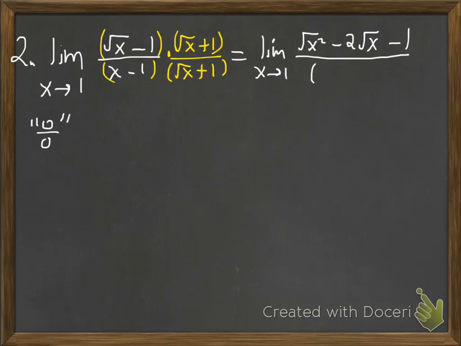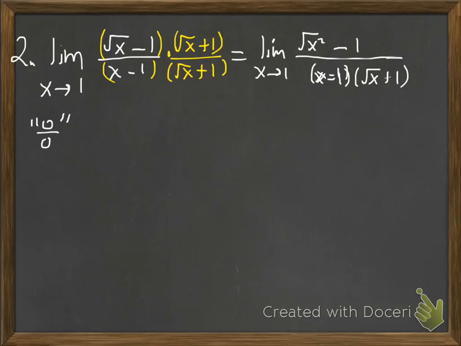And no, that's not right. That's a mistake. That shouldn't be there. So this should be minus 1, because it is a difference of squares, so that is an error. Okay, but I think we can probably fix that as we go along.